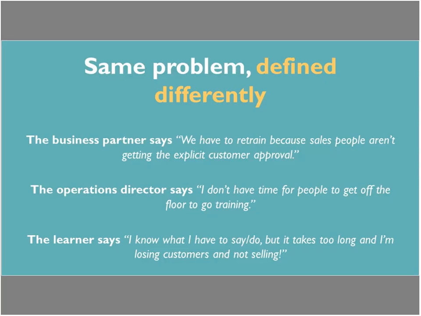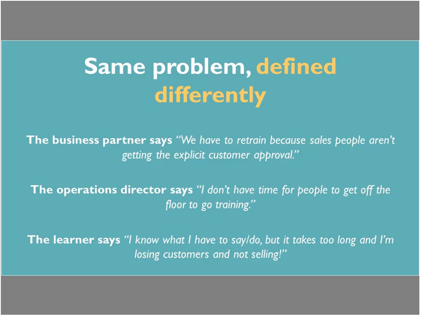I will share what that point of view statement is when you think about how we solve this problem differently from each angle. So if we think about a point of view statement, what we have is really the same problem and it's defined differently. So for instance, our business partner might say, we have to retrain because salespeople aren't getting customer approval.